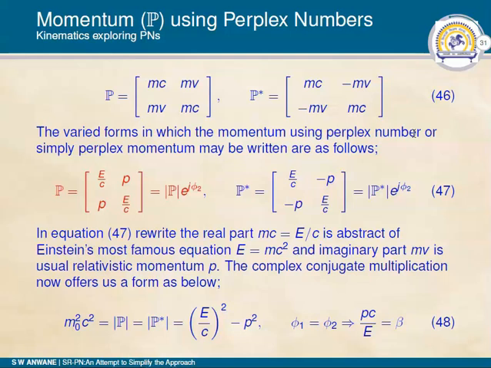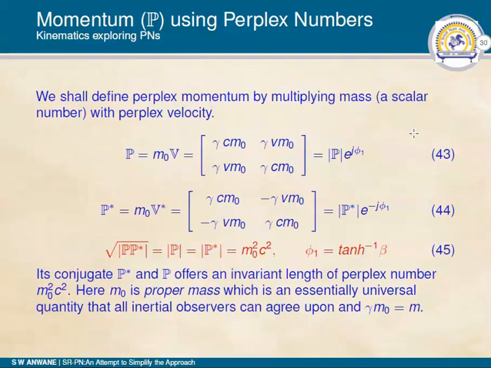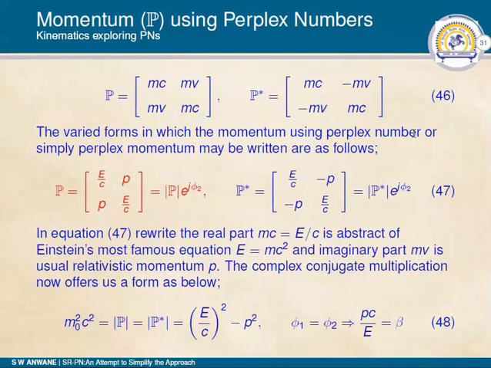Similarly P star is the ordered pair (mc, minus mv). So what I have done is I have used gamma m0 as m. Now here I am going to borrow Einstein's famous equation E equal to mc squared, and later on I am going to give you the evidence that this is already embedded in the equations we are handling.